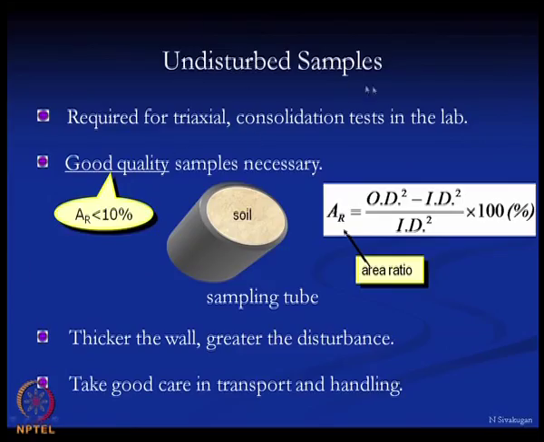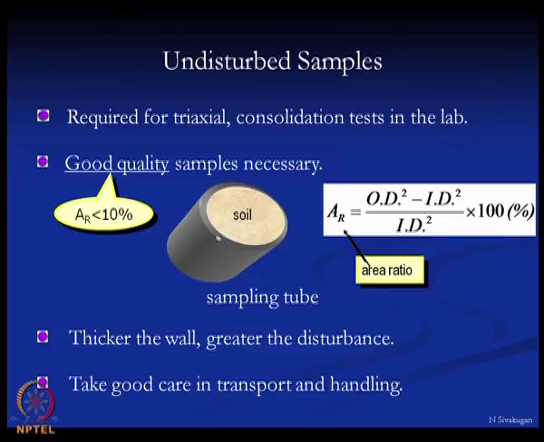Now, for undisturbed soil samples, there are some conditions we have to follow. If we get an undisturbed soil sample, what is the requirement? For triaxial and consolidation tests in the lab, good quality samples are necessary.